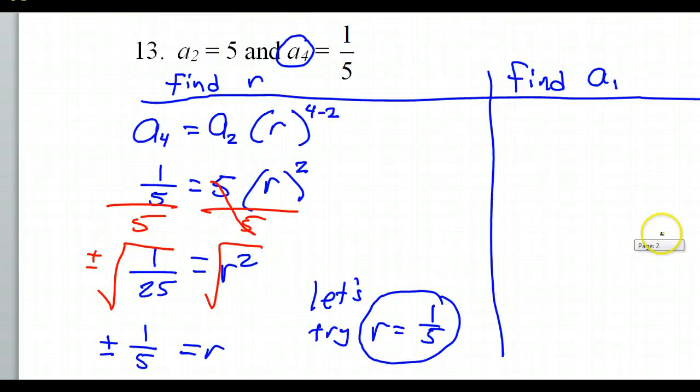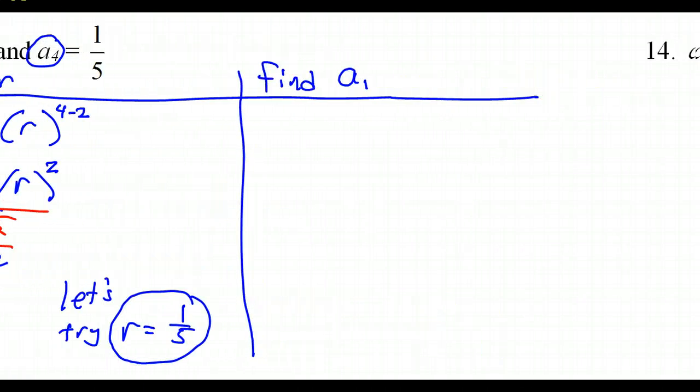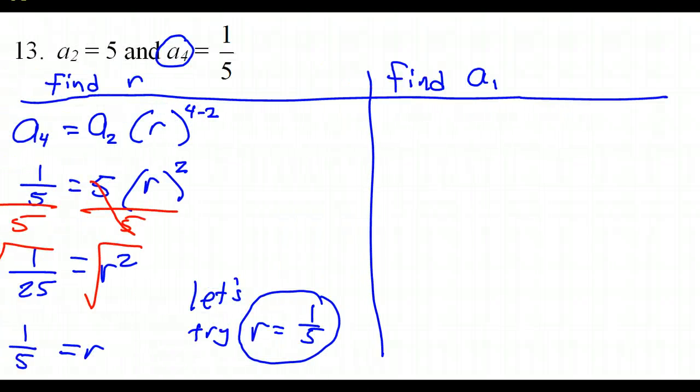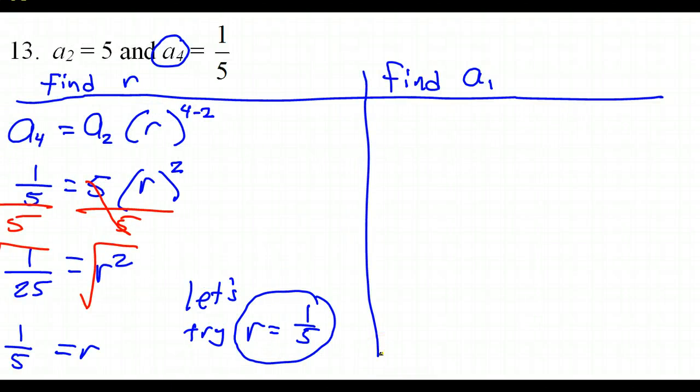So we needed two things. We found r. Now let's find a1. Let's see what we have. Here's the bottom line: we know r now. So from now on, if I write an equation, I'm going to go ahead and put the 1/5 in there.